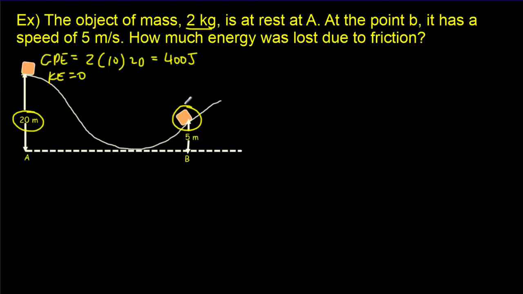Let's consider the energies over here at this point. Our gravitational potential energy will be mgh, so that's 2 for the mass, 10 for g, and 5 for h. Multiply that together, you're going to get 100 joules of gravitational potential energy that are accounted for. Now, it also says that this object is moving with some speed. v equals 5 meters per second.